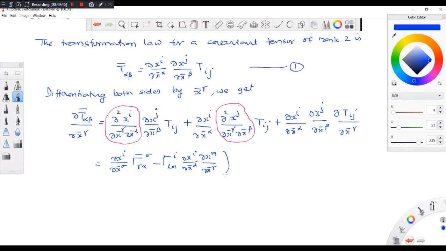So this into del xj by del x bar beta into Tij, this first one. Okay, plus here del xi by del x bar alpha.